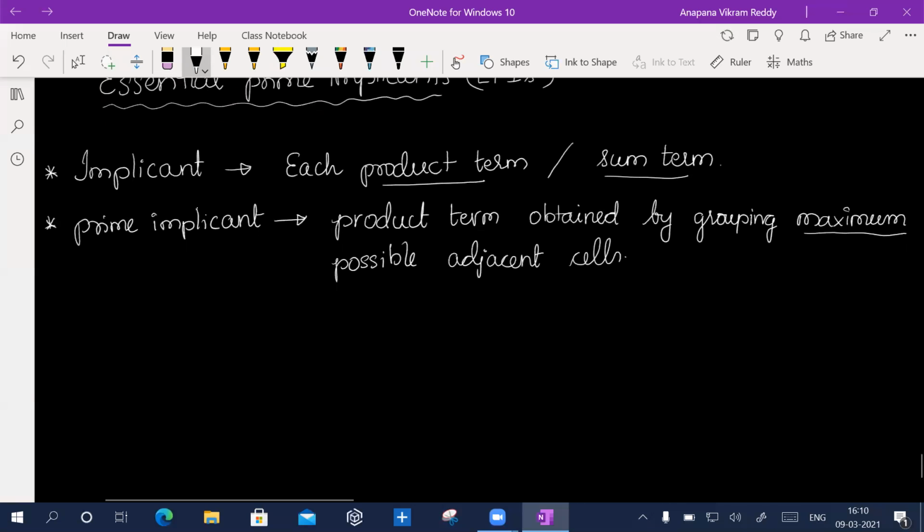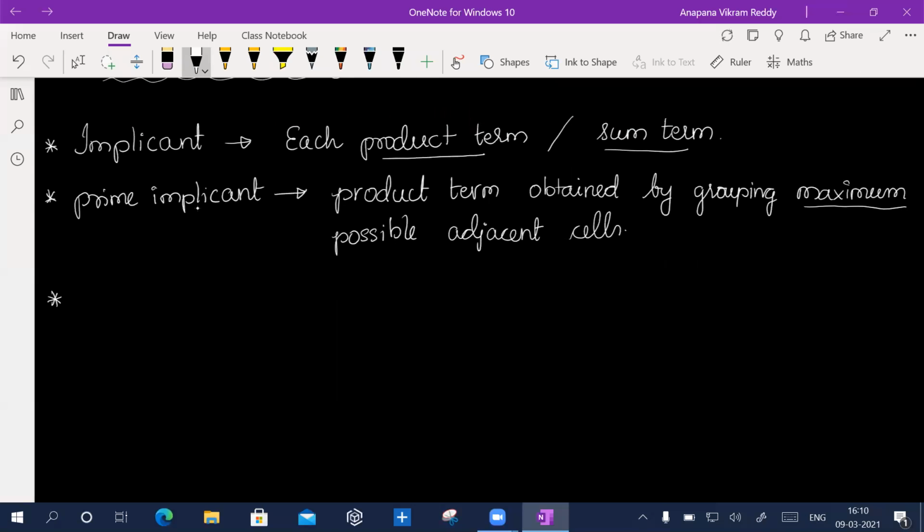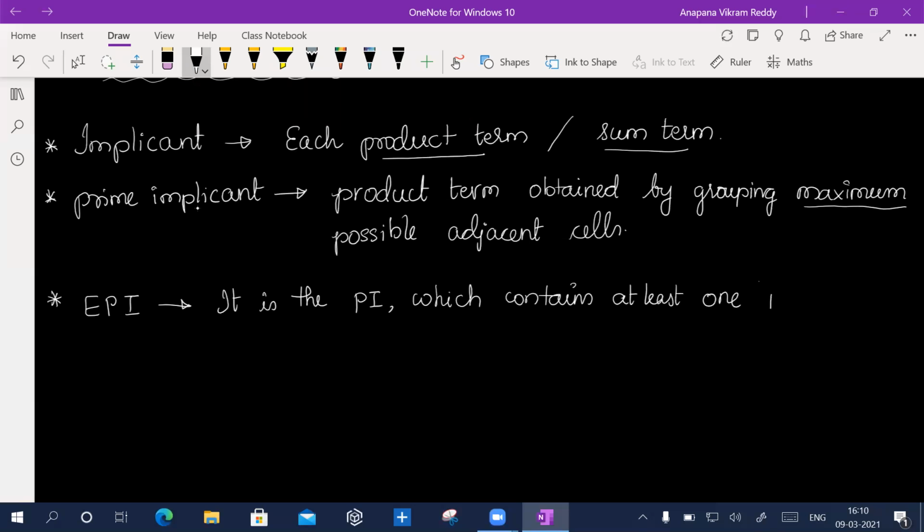And then coming to the most important stuff, that is EPI, essential prime implicant. You can write it down like this. It is the prime implicant, the PI, which contains at least one 1. I'm considering product terms, so therefore I'm taking one.